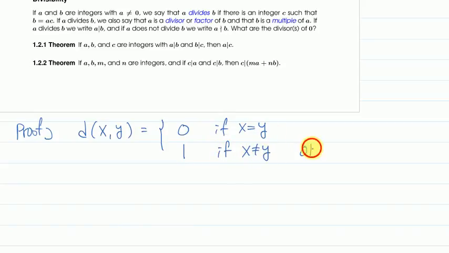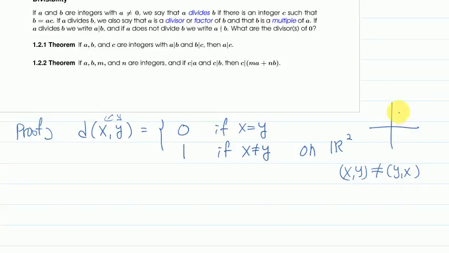Okay? On R2, and R2 means we have ordered pairs. The key point here is that (x,y) and (y,x) are totally different elements in R2. So we don't know whether commutativity is working or not, even when writing down the metric.